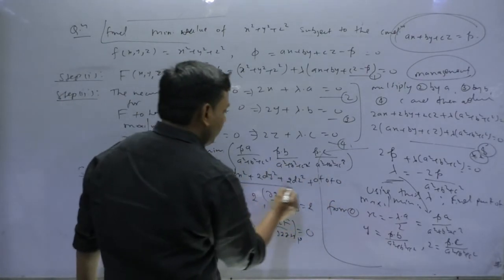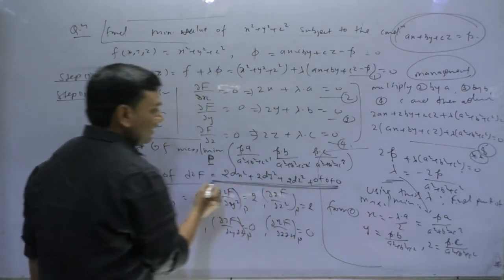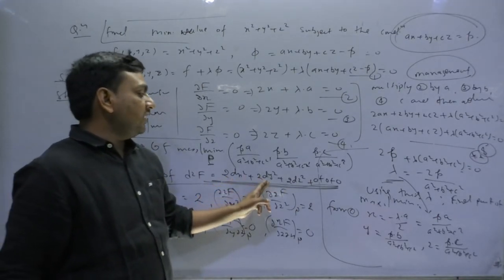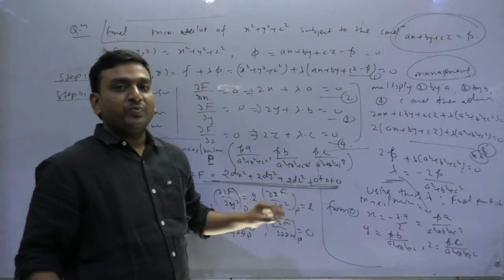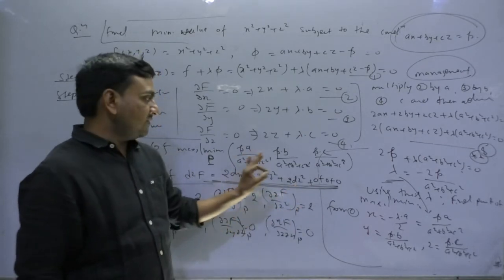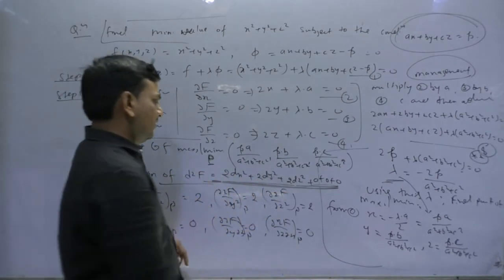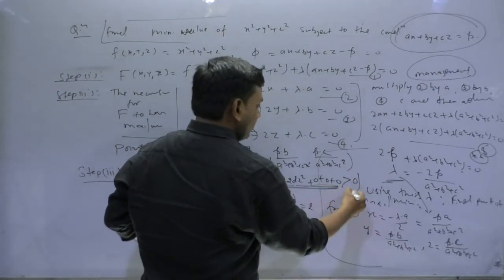So what we have here, please focus here. 2 is just a constant, times dx square plus dy square plus dz square. X is some non-zero value, so x square will always be positive. So this d2f is positive.